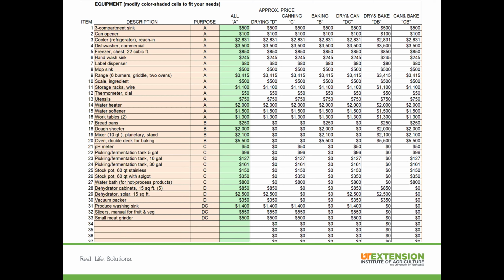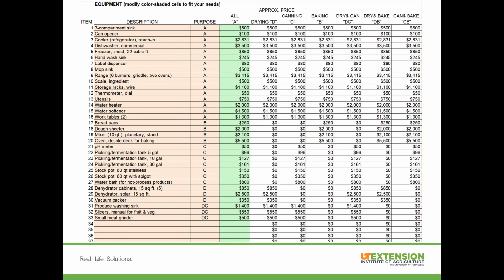So for example, we're going to need a 3-compartment sink, and that costs $500. And we would go in there and note that we've got to have that 3-compartment sink, whether we're drying or canning or baking or some combination of the above, or for all of them. So if we're going to use a piece of equipment for canning, baking, and drying, that would get an A in that purpose column.